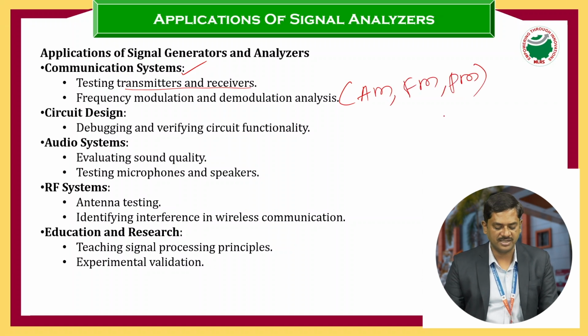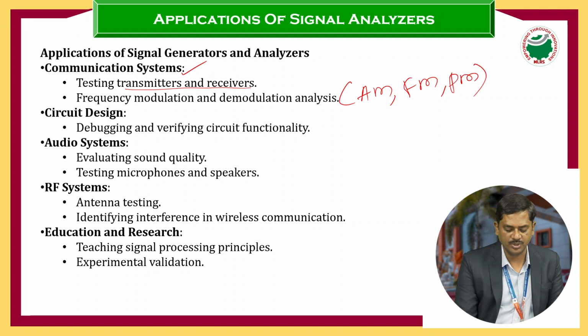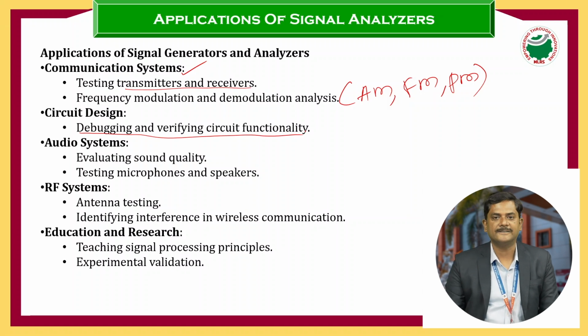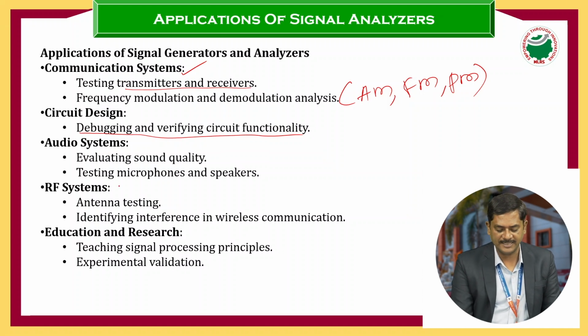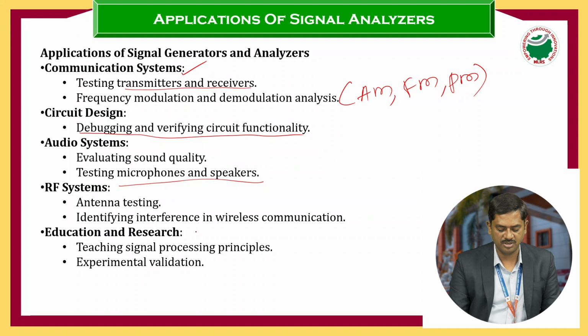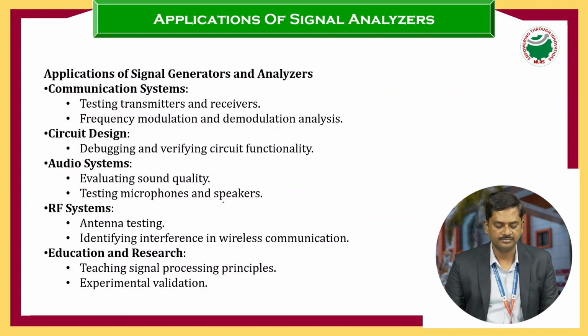We use signal analyzers in circuit design, especially for debugging and verifying circuit functionality. In audio systems, we use them to evaluate sound quality and to test microphones and speakers. In RF systems, we use them especially for testing antennas, and also for education purposes.